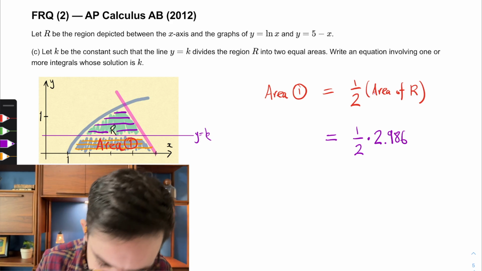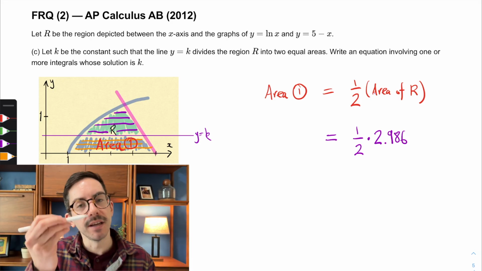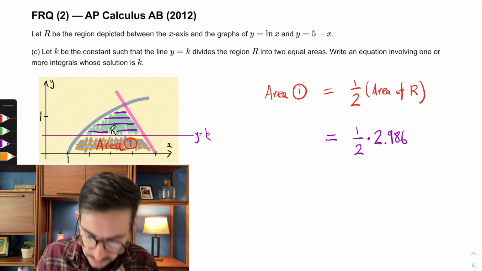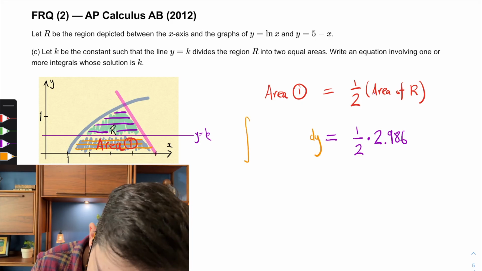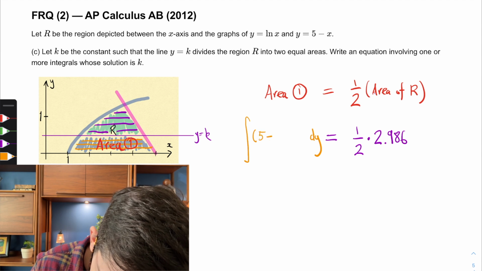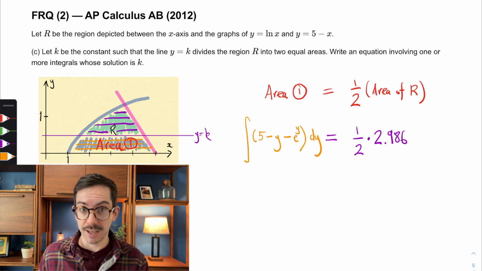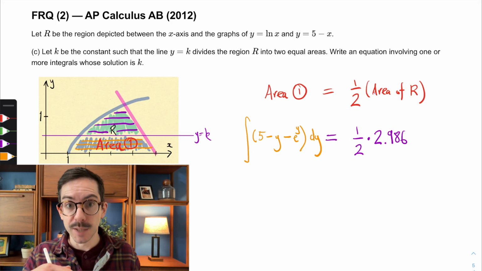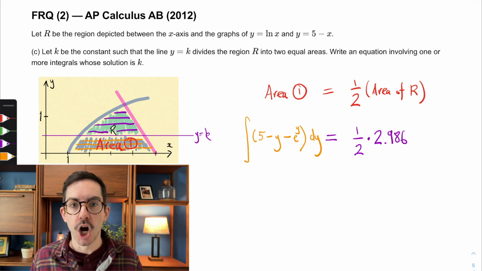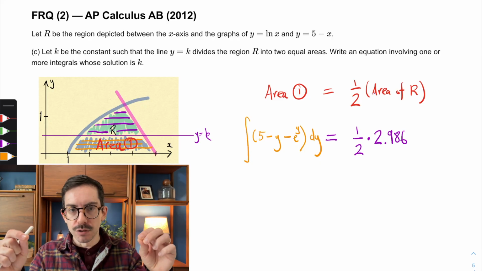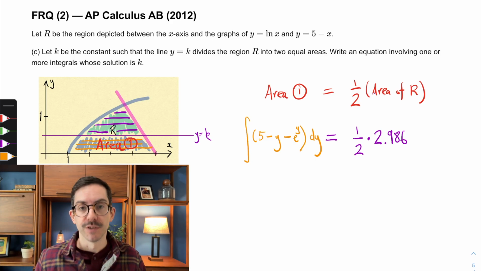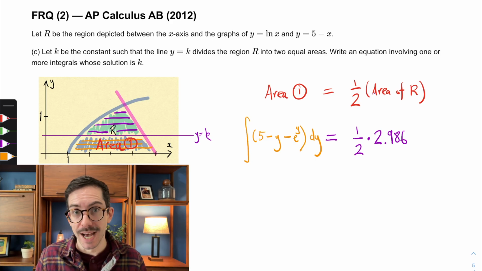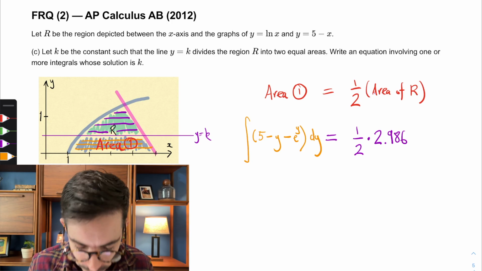And now for the left-hand side, we worked out how to think about this region R as a dy integral. So this time it is, you'll remember, the integral with respect to dy of 5 minus y minus e to the y. If you've forgotten how that came up, go back to part A and see how we decompose this region R into skinny horizontal rectangles and how we figured out the length of each of those rectangles using the rules for the two curves involved. But here I'm just pulling that out of our back pocket because we saved it from earlier.